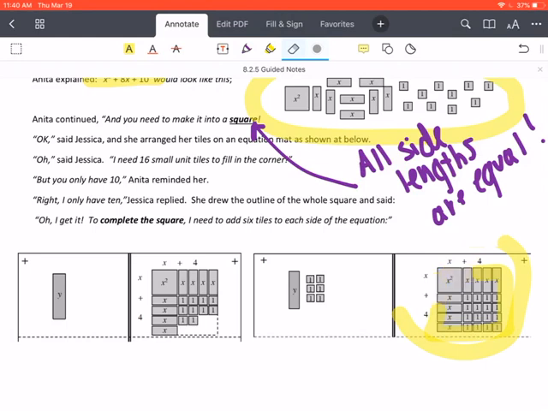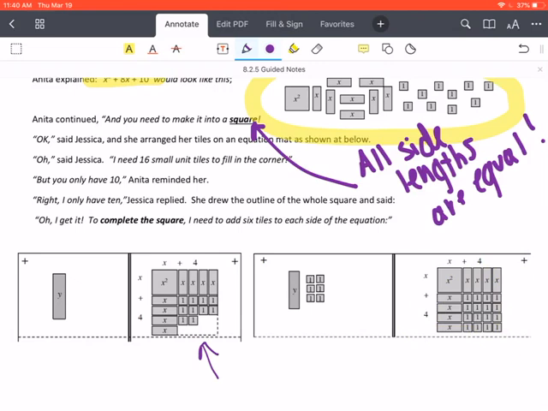But before I get too far ahead of myself, let's continue to read. So the sister is saying, okay, let's go ahead and complete the square. Jessica arranged the tiles on her mat as shown below. Jessica said, I need 16 small units to fill in the corner. What corner is she talking about? This corner right here.